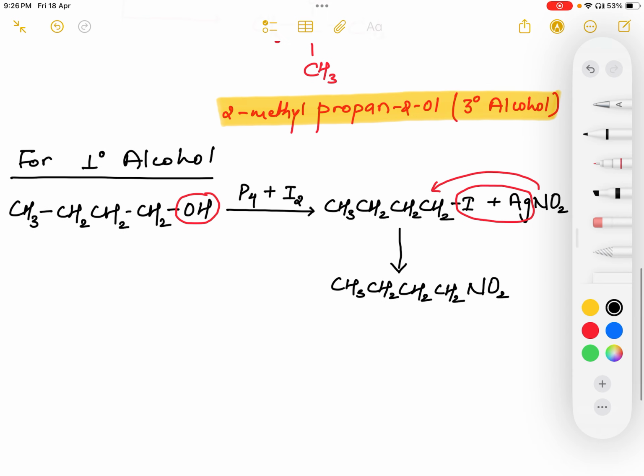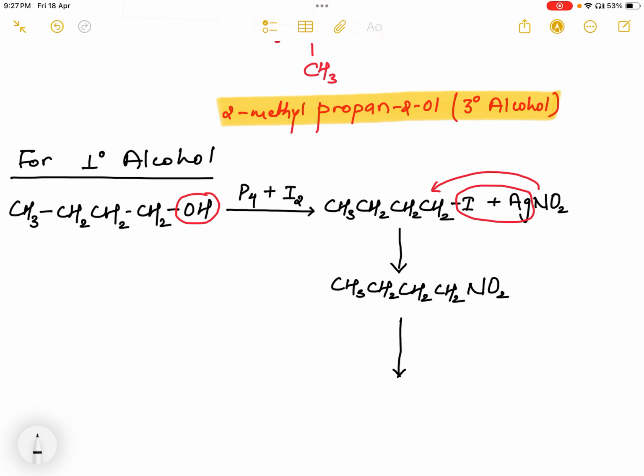Whatever the product is formed, will again be treated with HNO2. The next step, I'll be treating this component with HNO2. Next step, I need to treat it with HNO2.